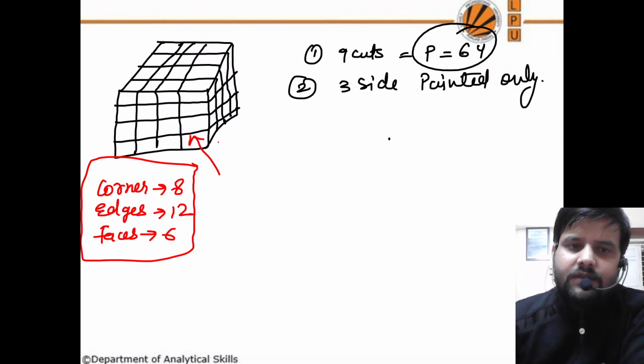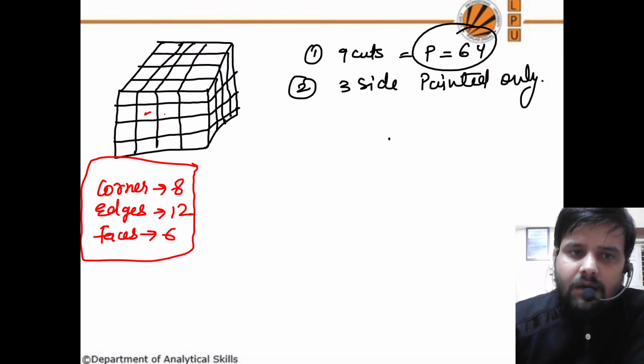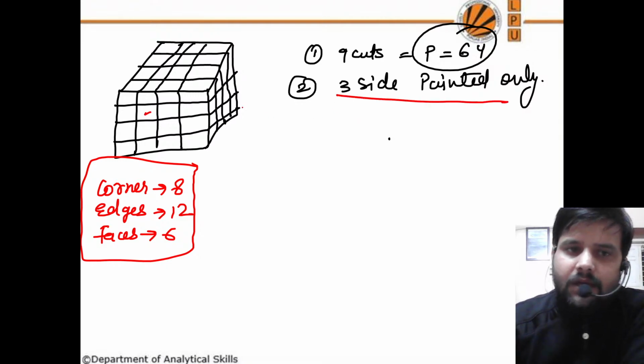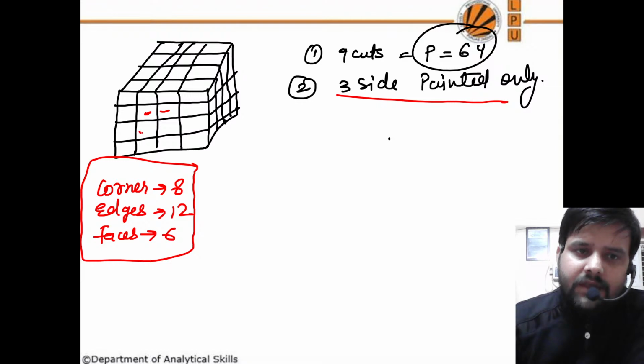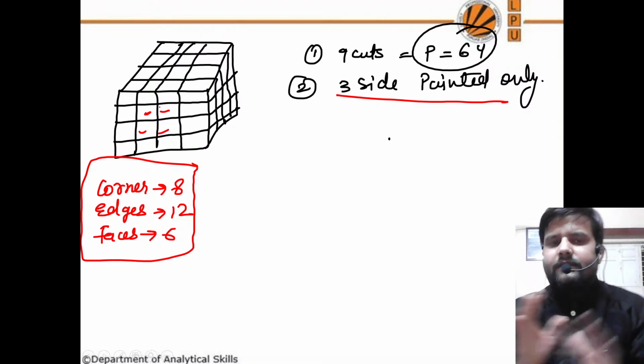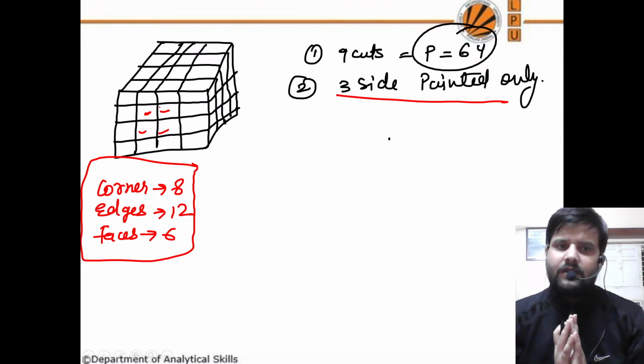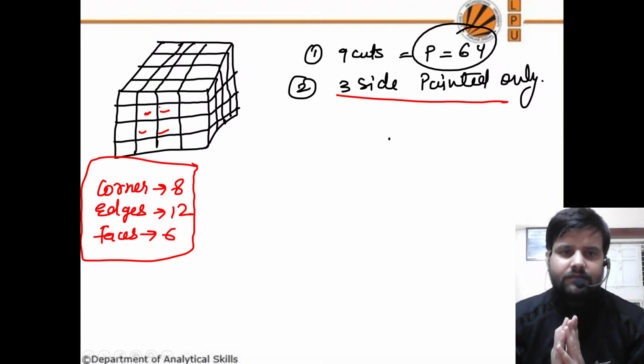Now observe this face of the cube. If you observe these cubes, I'm looking for 3 side painted only. Observe these 4 cubes. Only one face of each cube is visible to us, so at max we can paint only one face of these cubes, isn't it?